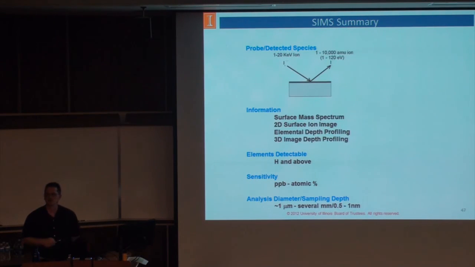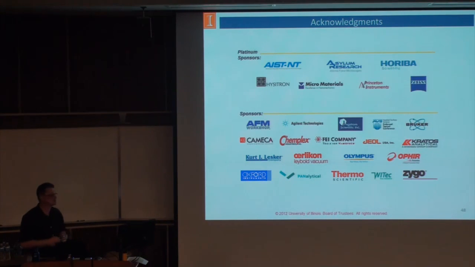You can measure higher than 1 atomic percent, but at that point you have to be very careful with matrices. And finally, analysis, we do about 1 micron up to about several millimeters. Doing a depth profile is a little bit smaller for the take rate. And then finally, just acknowledge our sponsors.